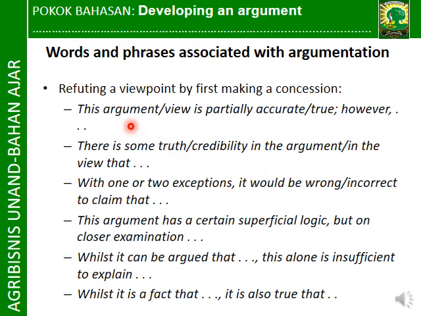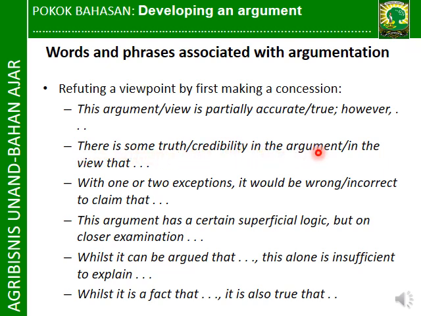Some more phrases and words associated with argumentation. If a point of view is partly true, we may say this argument is partially accurate. Partly true, mostly true. But we might add the word however, which is a bit like a but. Tetapi.